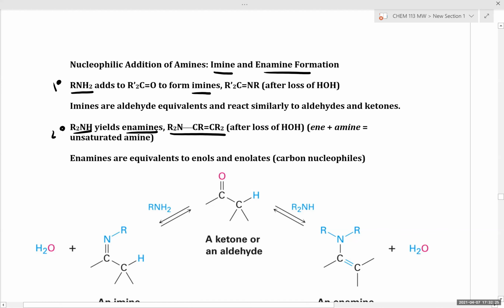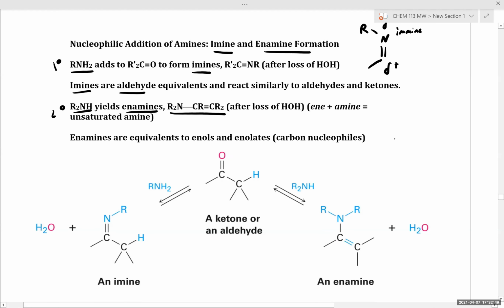Now, one thing to note is that an imine can best be thought of as an aldehyde or ketone equivalent in terms of reactivity. So here is an example of an imine. They are electrophilic at the carbon, mildly nucleophilic at the nitrogen.